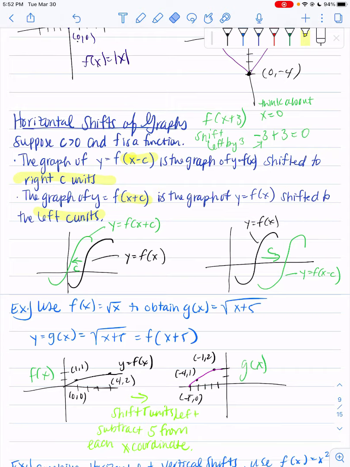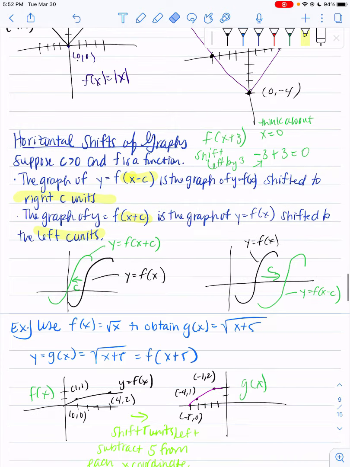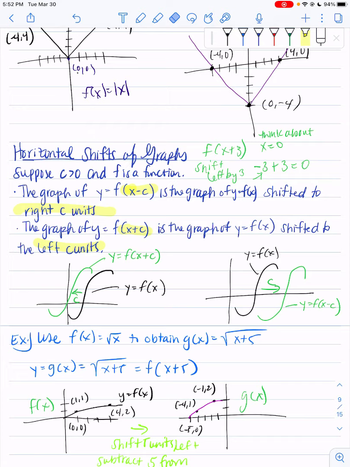A way that I like to think about it is think about the point x equals 0. Say that was our original point, and we have f of x plus 3. I have some x value in here, and I'm adding 3 to it, but I want to think about how to get back to x equals 0.